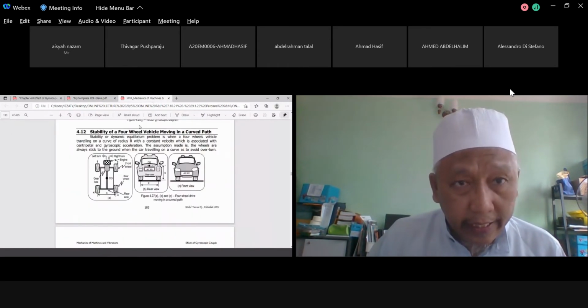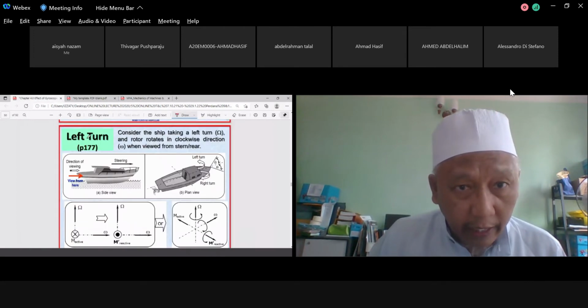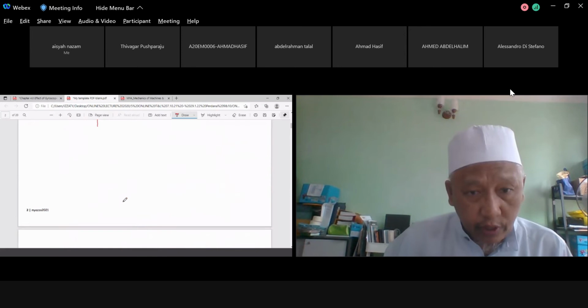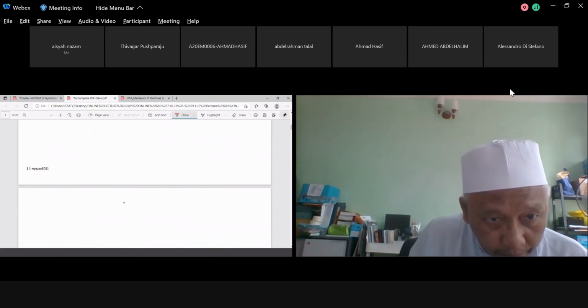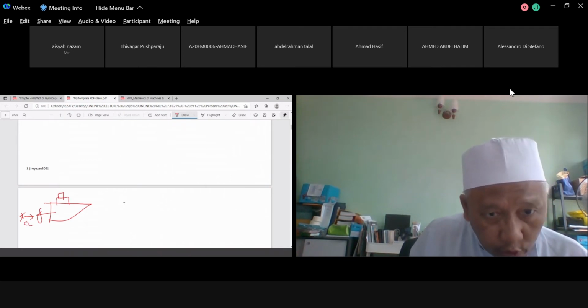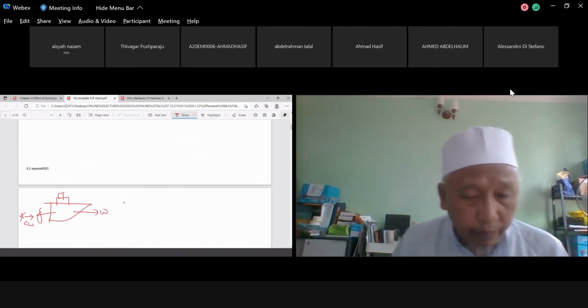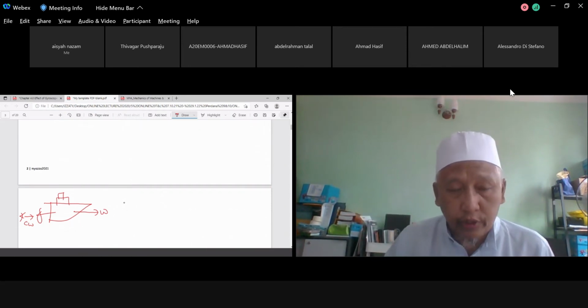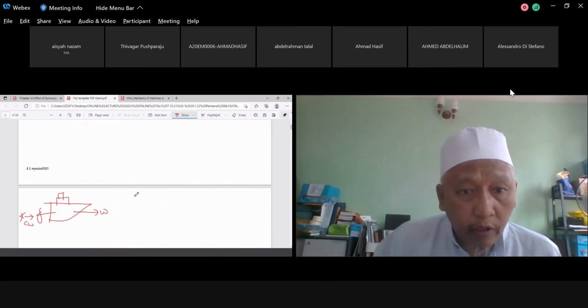The other one will be, you have left turn now. We are basically talking about the same shape. You are here, this one is looking at stern clockwise, and this one doesn't change anything, which is spin will be pointing towards the right side.